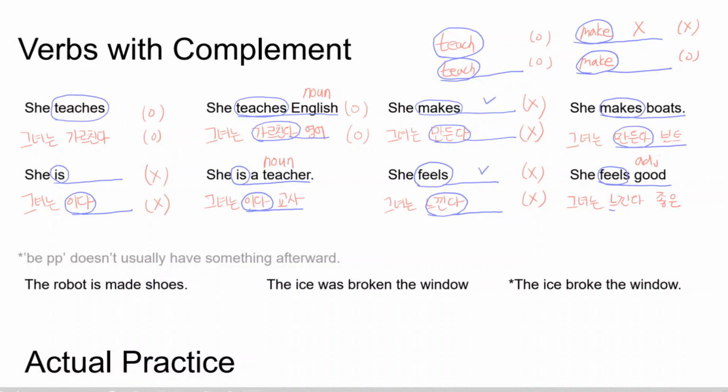So when it's combined together in Korean, you should say 그녀는 좋게 느낀다. Right? Alright. So do you see what I'm trying to say here? As I said, some verbs need complements and some verbs don't. And even some verbs, it's optional and it can be by itself sometimes, and it should have a complement sometimes, right? Okay, let's move on.